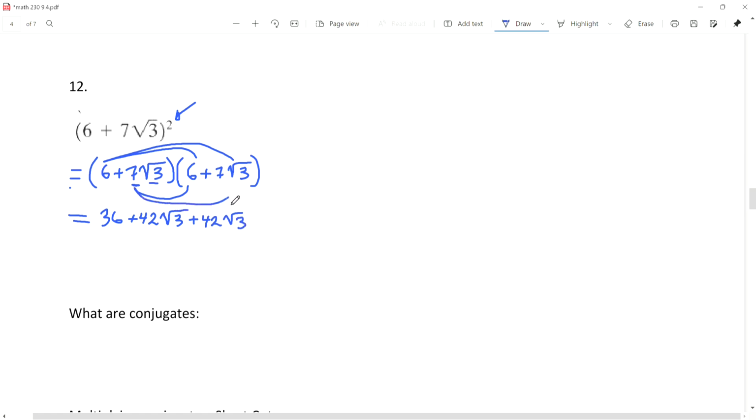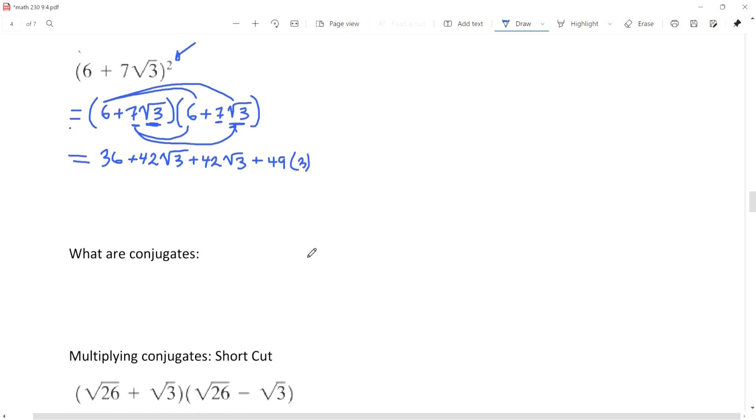And then we'll multiply 7 times 7, that gives us a 49 in the front of this radical. And the square root of 3 times the square root of 3, that's multiplying by 3.